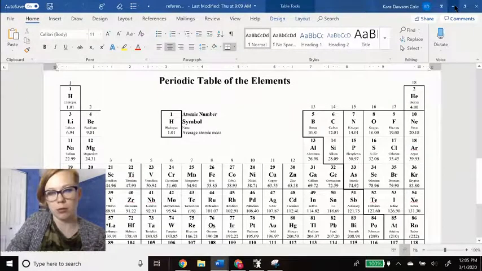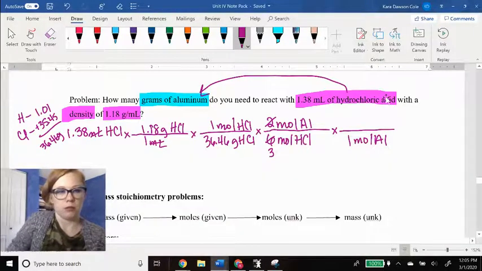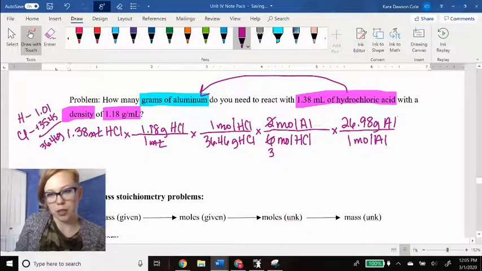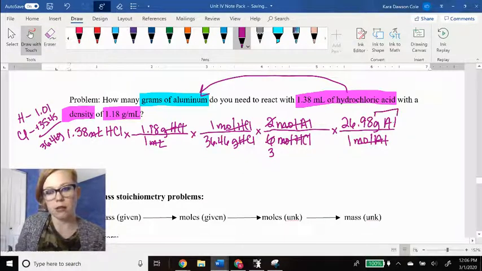So this would be 26.98 grams of aluminum. Check to make sure that all your units are canceling out. Grams of HCl cancel, moles of HCl cancel, moles of aluminum cancel, and I am in grams of aluminum.